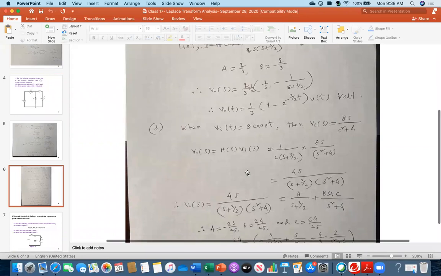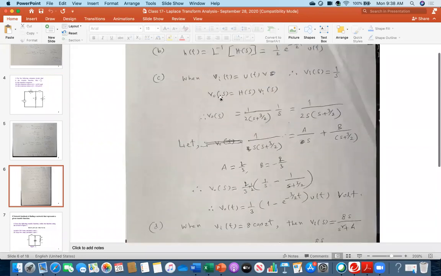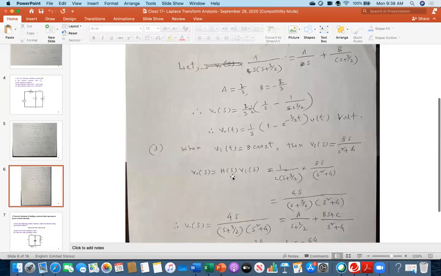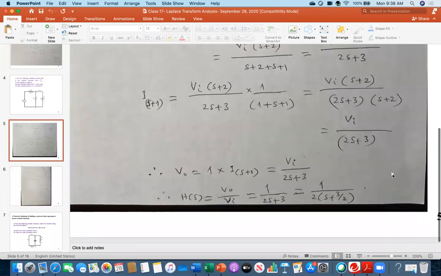And then again, exactly the similar process that I did before. This means Vo(s) is the transfer function multiplied by the input Vi(s). So that I am writing. This is my Vi(s), this one, and then my H(s) that I got before, in the previous step. Again, the same thing.